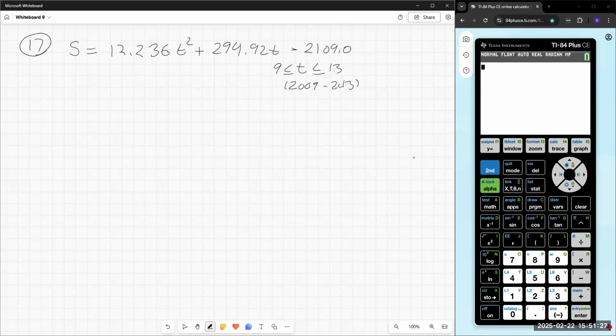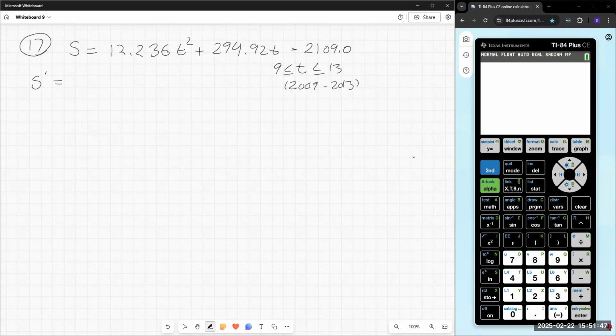And this is supposed to be a real model for a real business with their actual sales information. So we want to find if their sales were increasing over this time interval of 2009 to 2013.